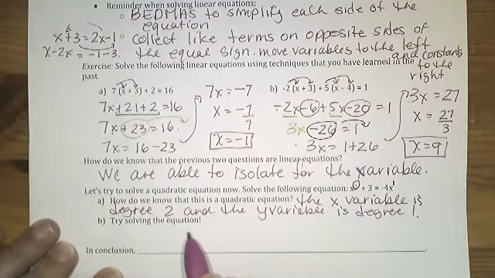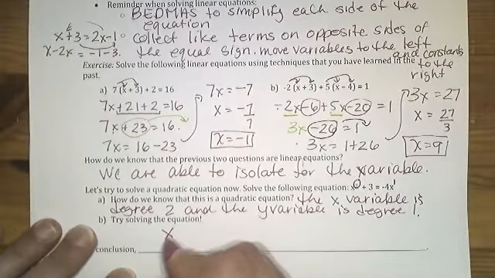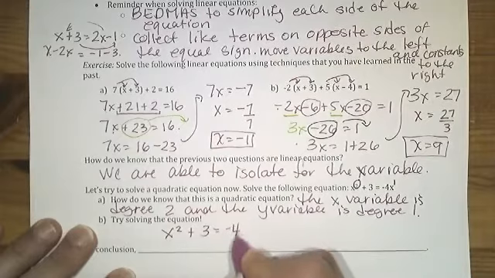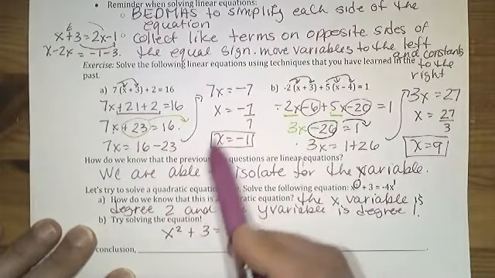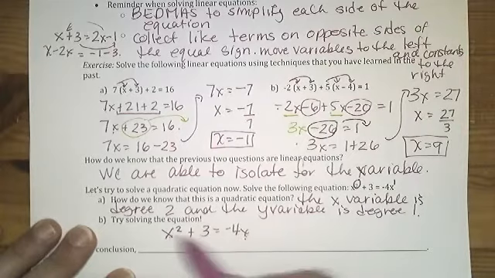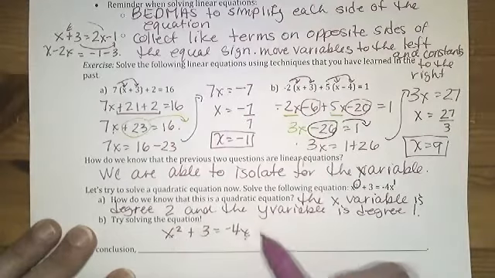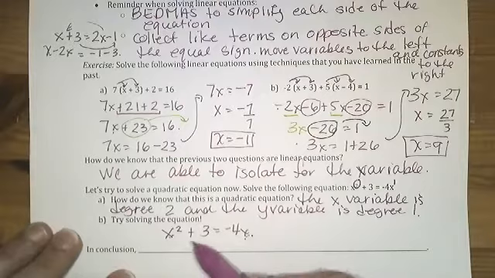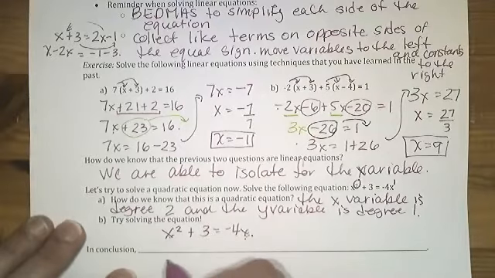Try solving the equation. So let's just rewrite the equation here. Remember, the goal up here is to isolate for the variable. Can we isolate for x when we have an x squared and an x? We can't, right? There's no way to isolate for the variable.